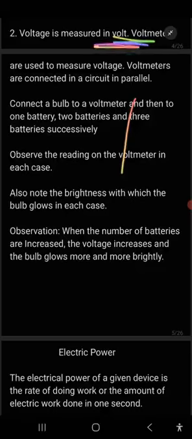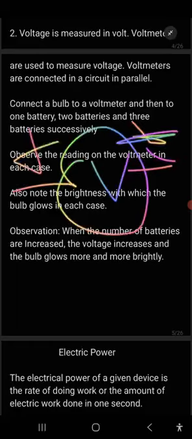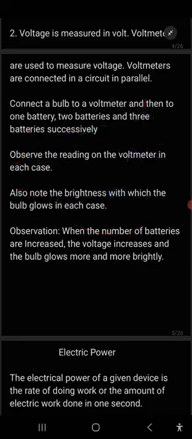Voltmeter. You know what a voltmeter is, right? Voltmeters are used to measure voltage, and the voltmeter looks like this. They are connected in a circuit in parallel.